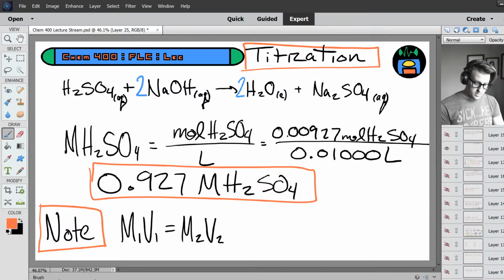Oops. Sorry, I wanted that to be red. So something you should note. Oh, come on, Photoshop.